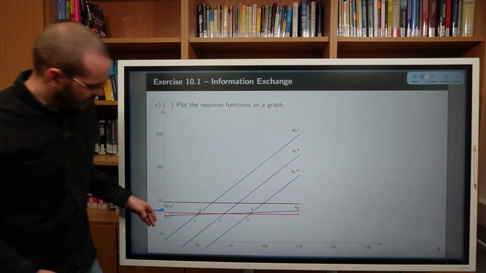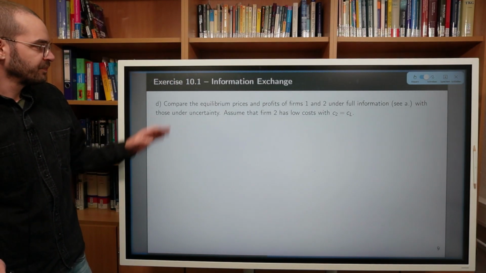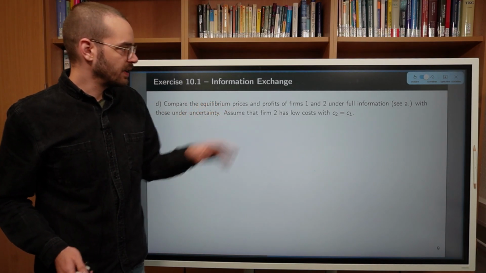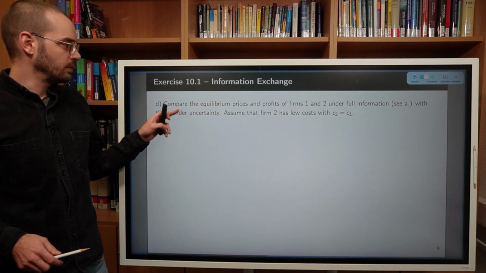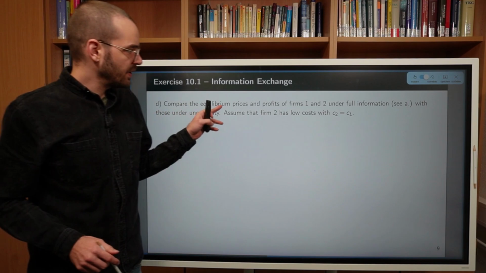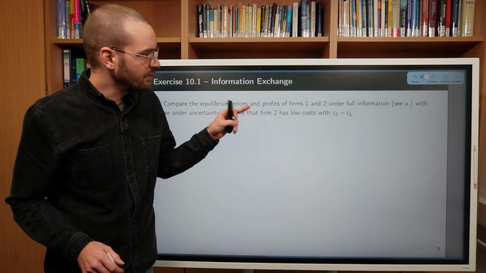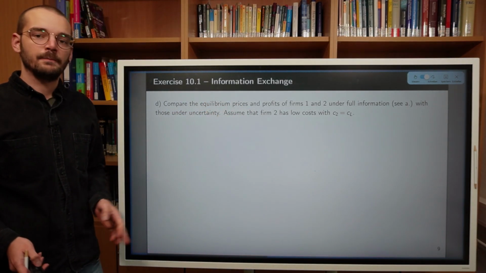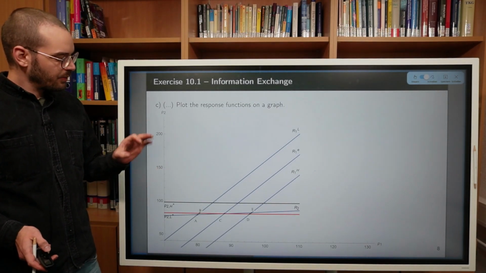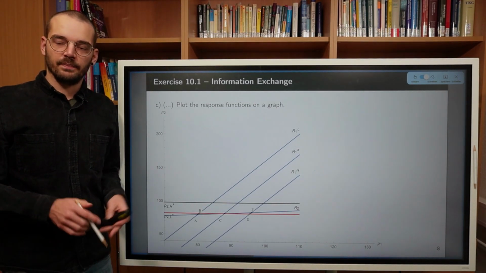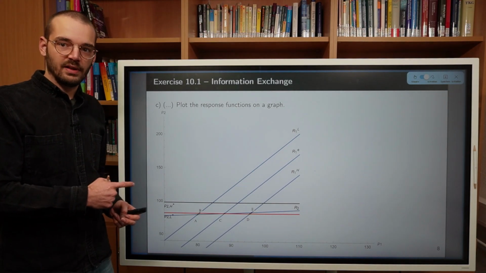But one thing after another. Compare the first part we were asked to compare were prices and profits under full information, so under A. And we can actually see these prices in this graphic, right?